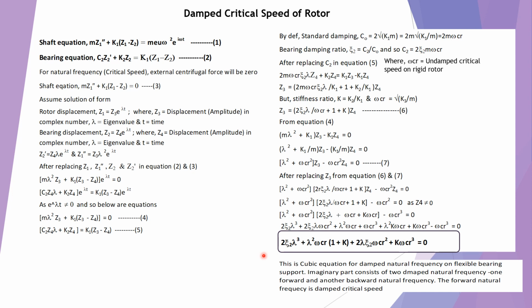So this is a cubic equation for the damped natural frequency on flexible bearing support. The imaginary part consists of two damped natural frequencies, one forward and another backward. The forward natural frequency is the damped critical speed. On solving this cubic equation you can get the damped natural frequency or damped critical speed.